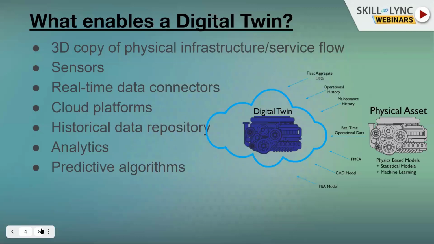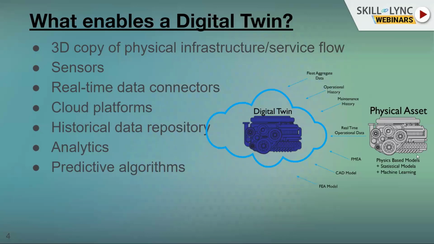So first, we mentioned that there will be a 3D copy. Then on top of that, the asset will be carrying the sensors. Then these sensors will be pushing some analog data through real-time data connectors. These real-time data connectors push the sensor data to a cloud platform most of the time.